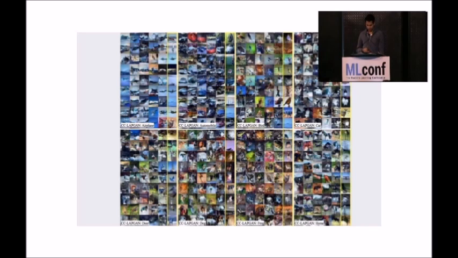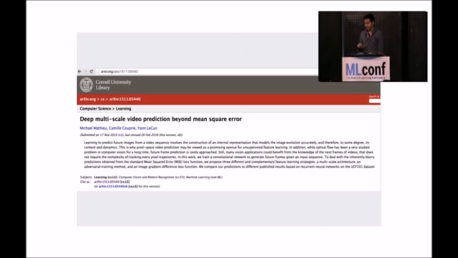The next thing I want to talk about is the other hard problem that we do every day that is very hard for machine learning models, which is video prediction.